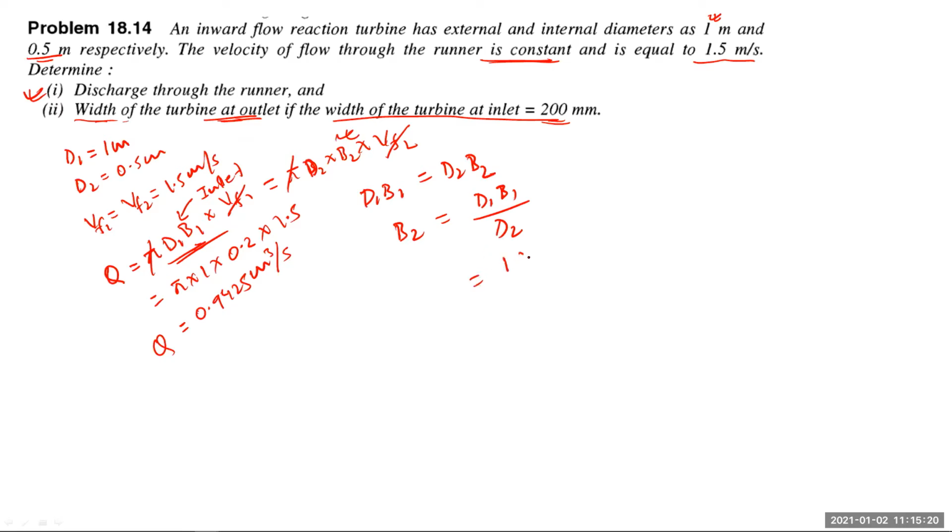I think D1 is your 1 meter, B1 is your 0.2, and D2 is your 0.5. So you will get 0.4 meter, and it will be your 400 millimeters, and this is your answer.